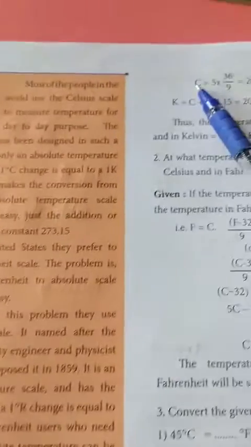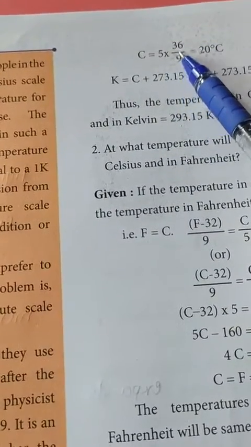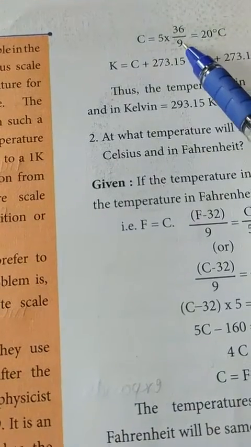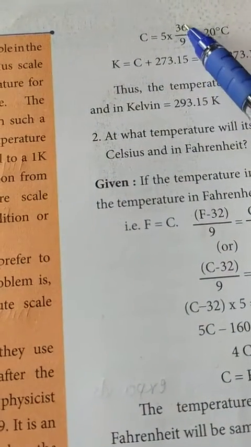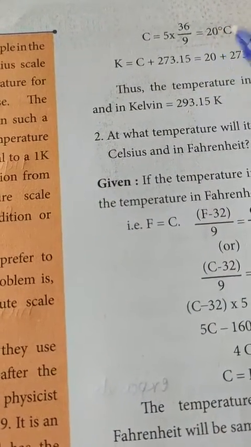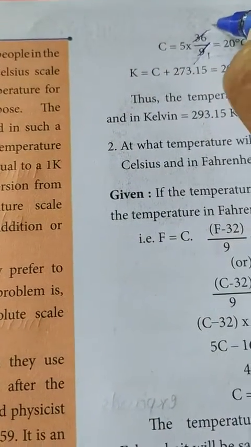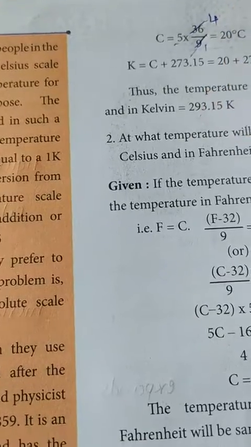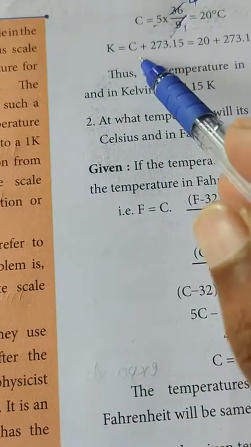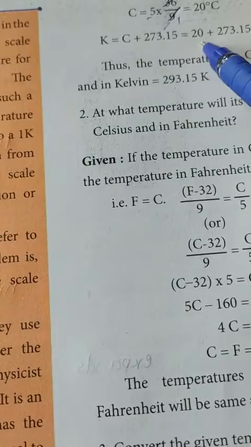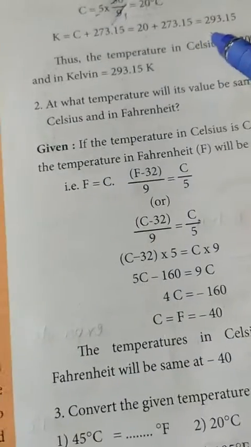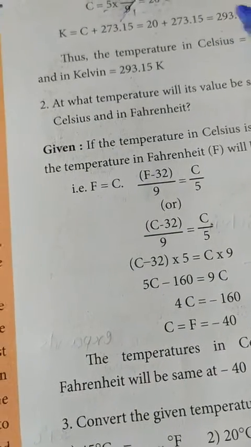Okay. Next, C is equal to what? 5 into 36 by 9, that is equal to 20 degrees centigrade. Understand? In Kelvin, C plus 273, that means 20 plus 273, that is 293.15 Kelvin.